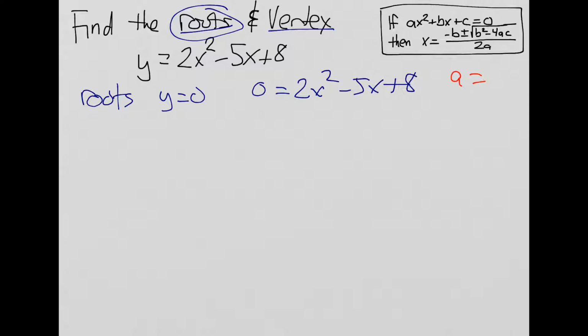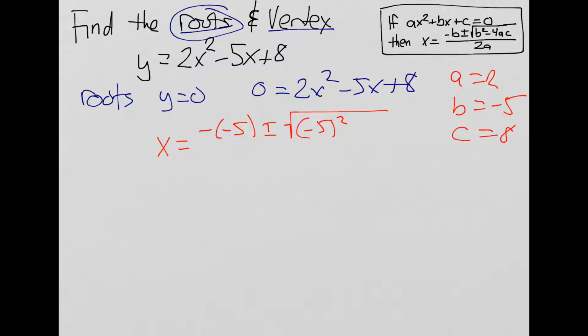My A is 2, my B is negative 5, my C is 8. So when we plug this into the formula, x equals the opposite of negative 5 plus or minus the square root of negative 5 squared minus 4 times 2 times 8, all over 2 times 2.